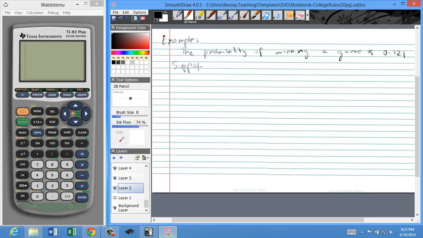Suppose you play the game in 15 trials, and we are assuming that the trials are independent.